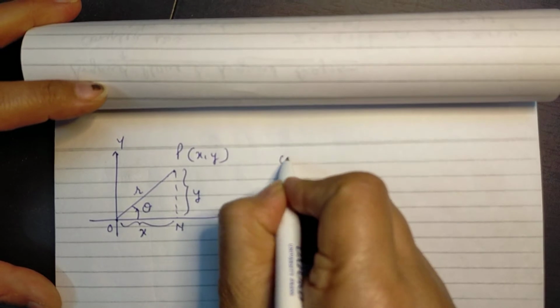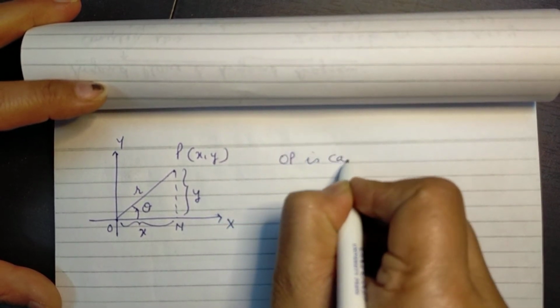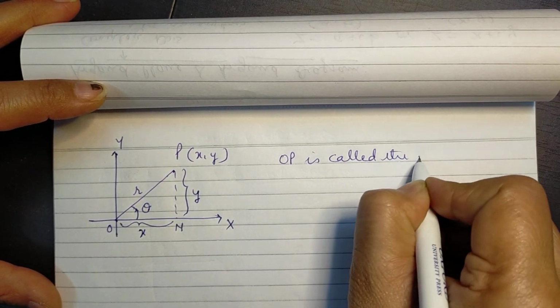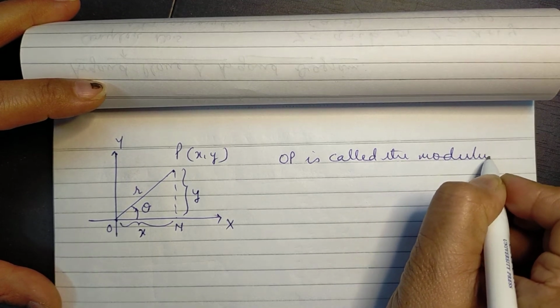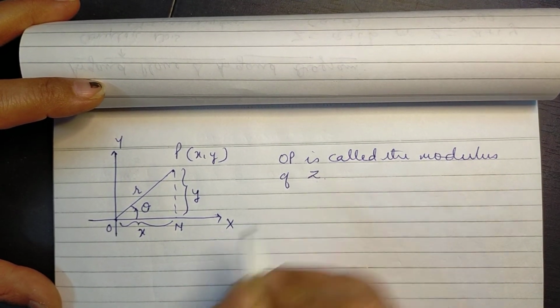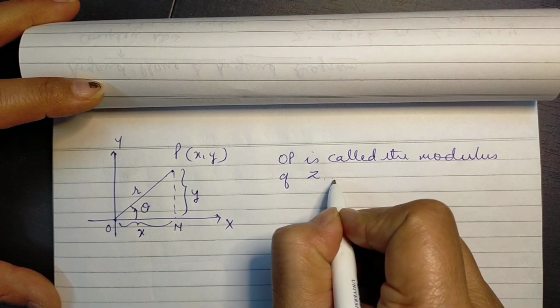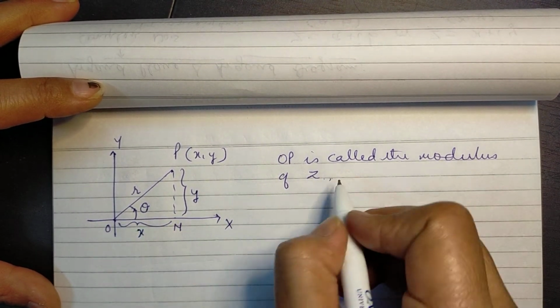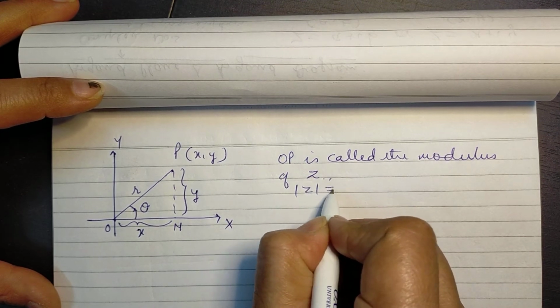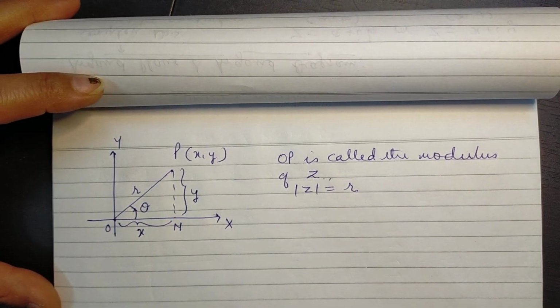Then OP is called the modulus of z. It is written as mod z, which is also represented as r.